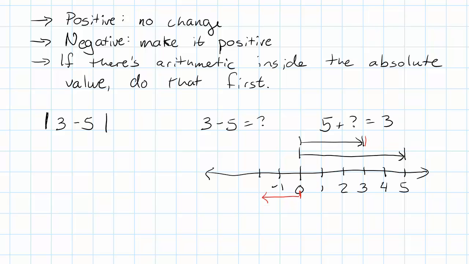We'll have negative 1, negative 2. So 3 minus 5, that's negative 2. So the absolute value of 3 minus 5, that's the absolute value of negative 2. Ignore the sign. We just want the 2.